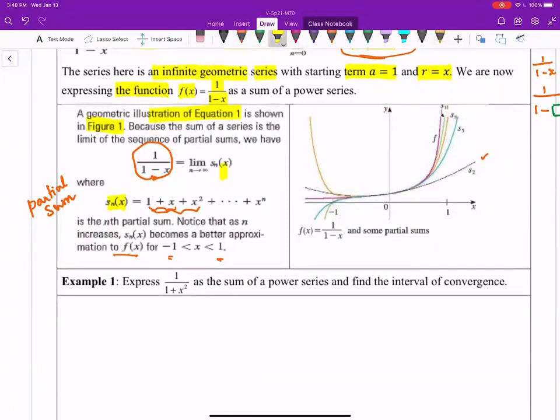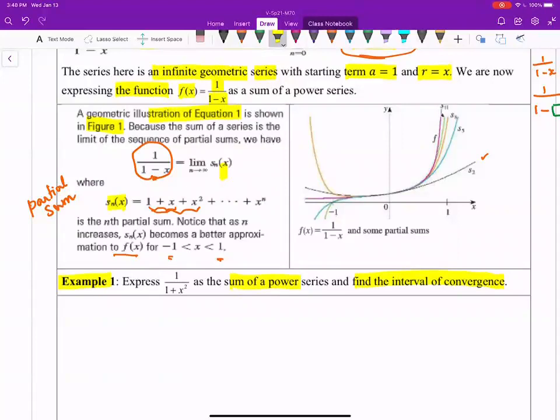Let's try this example based on this. Express 1 over 1 plus x squared as a sum of a power series and find the interval of convergence. Notice that this section is all about representing certain functions as sums of power series.